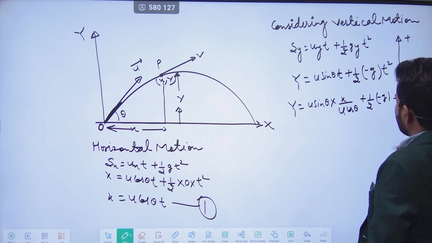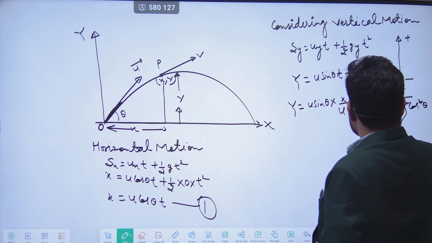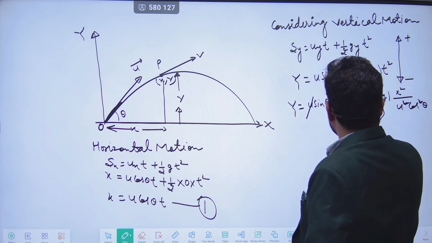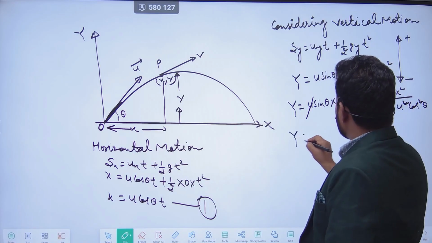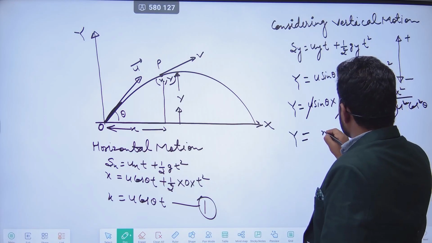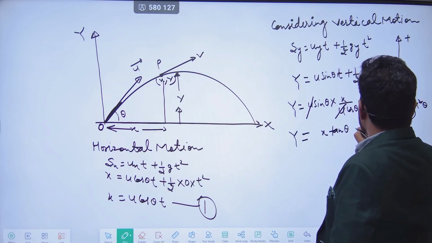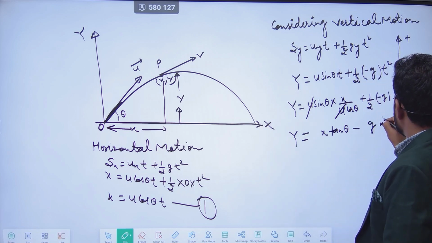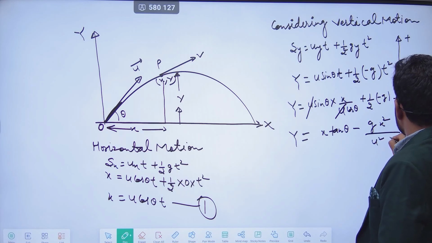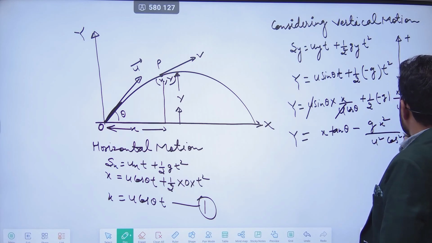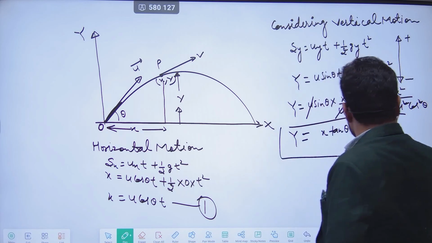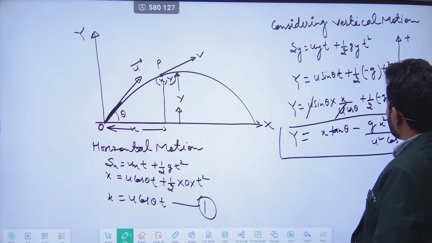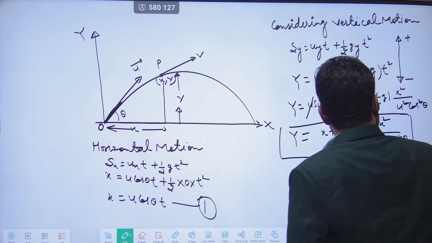On solving this, we'll get sin theta upon cos theta, that is tan theta. U will be cancelled out. So y is equal to x tan theta minus g x square divided by 2 u square cos square theta. This is our equation of trajectory.